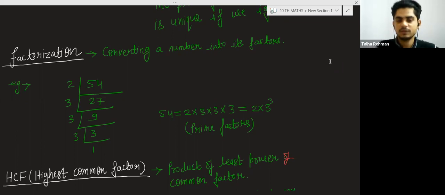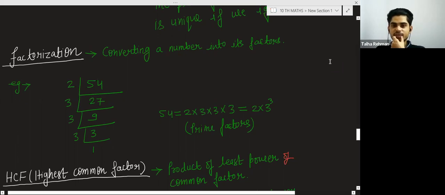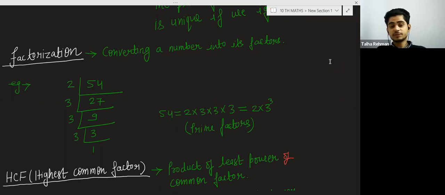In physics, you can say at least 30% is theory, but in mathematics, 100% of the questions are numerical problems you have to solve.